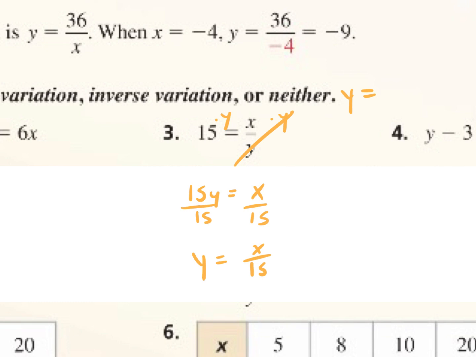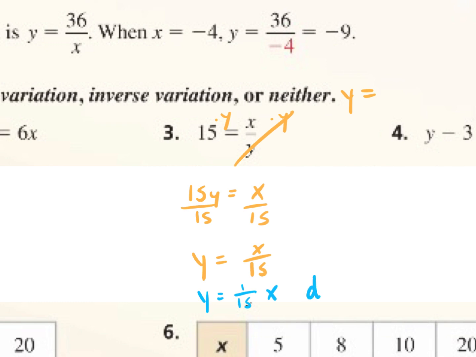Now be careful here. What do we think that it is? It's direct because the x is on top. It's only when x is on the bottom, it's inverse. Because this is technically y is equal to 1 over 15 times x. So our constant, our a, just so happens to be a fraction. It's 1 over 15.